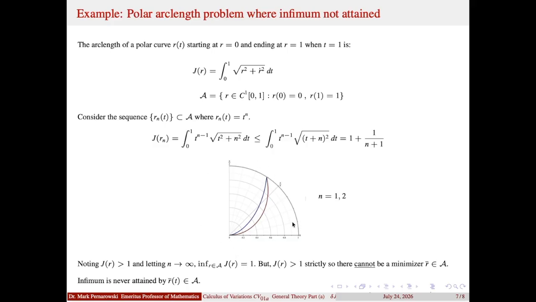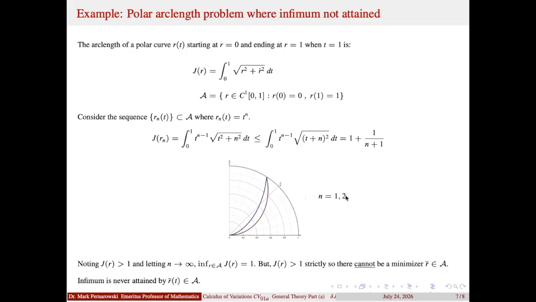On this graph, I've drawn Rn for n equal 1 and 2. So this one here is the spiral R of t is equal to t. It would continue on if you wanted to, but we're stopping at a distance of 1 from the origin.